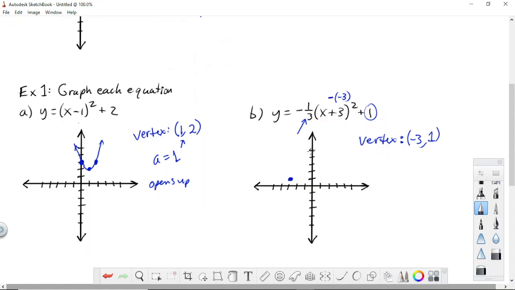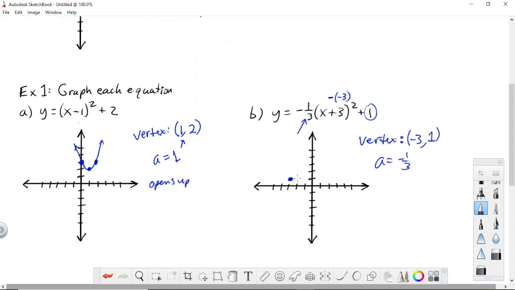That's going to show us that it opens down as well, because when we go out by 1 from the vertex, we'll be going down by 1/3, right? A is negative 1/3. So go out 1, down by 1/3.